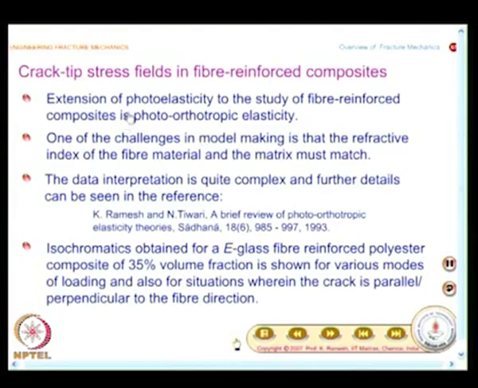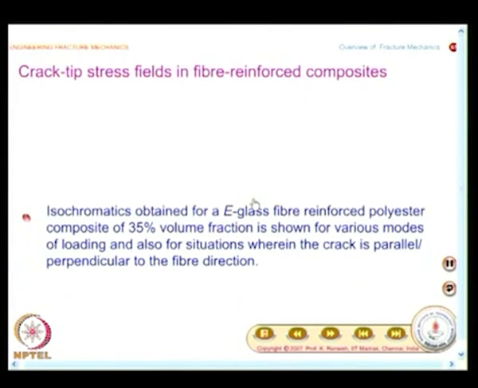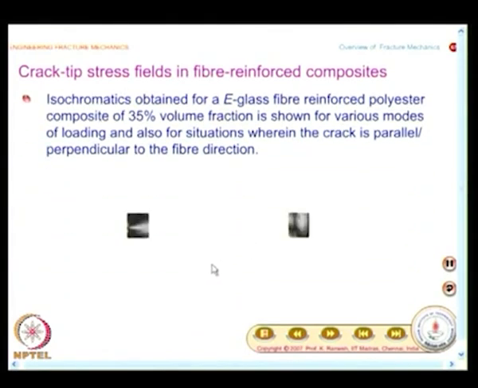The mathematical analysis is quite complex. Even the material stress fringe value you have to determine in the L direction, T direction, also LT direction, and so on. But I will show you some of the fringe patterns that we have obtained.